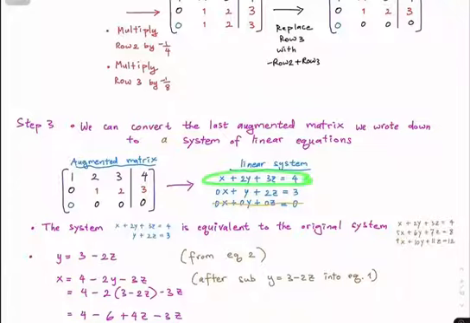And what I'm doing here is I move 2y and 3z to the right. And then I just substitute y with 3 minus 2z. And as I'm simplifying, at the end I get x is equal to -2 plus z.